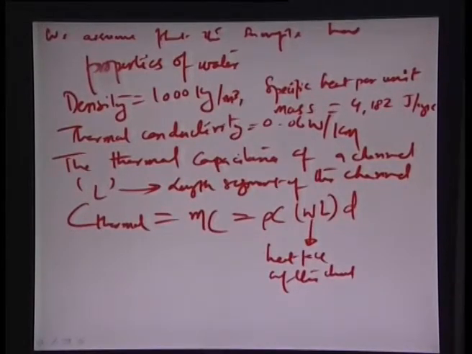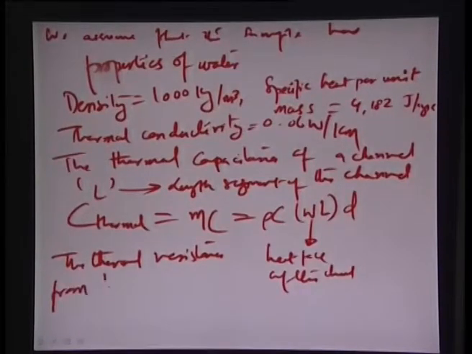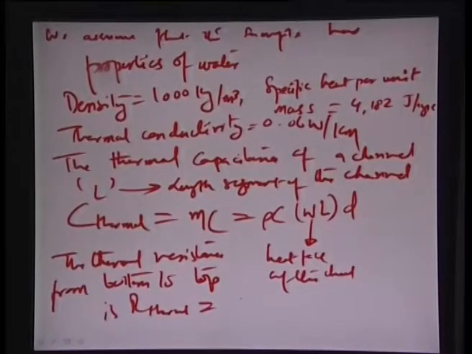Now, if you look at the thermal resistance in this case, the thermal resistance from the bottom of the channel to the top of the channel is estimated as R thermal is the depth D by K times the area.